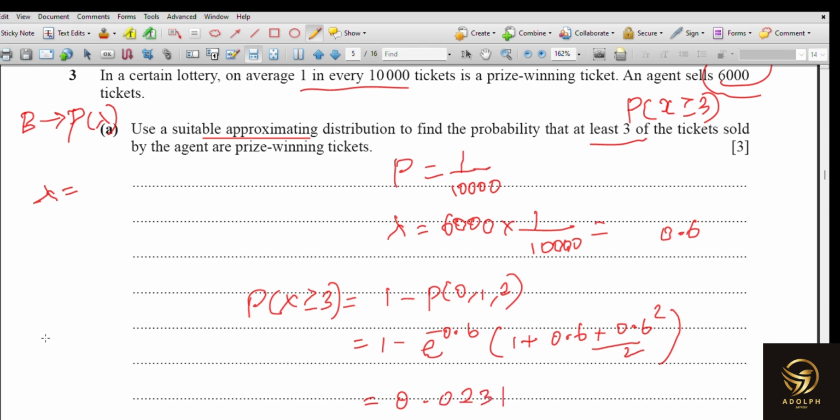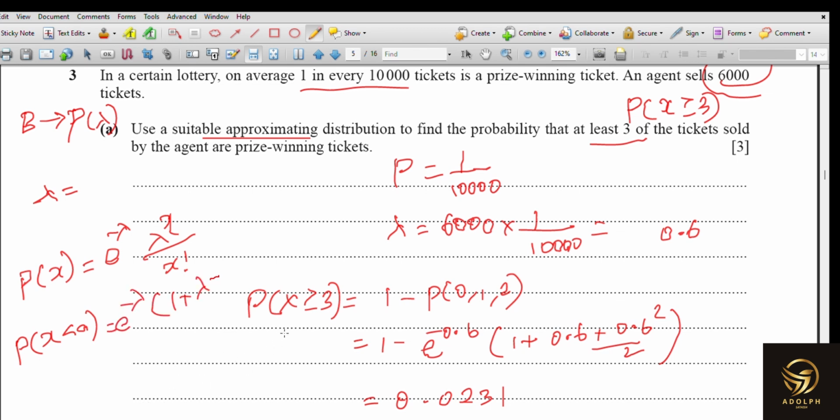The probability of x for a Poisson distribution is e power negative lambda into lambda power x by x factorial. This is for 1. For 0, or if you're finding for many values, it is going to be e power minus lambda taken out, 1 plus lambda power 2 by 2 factorial plus lambda power 3 by 3 factorial, and it continues. Since we want till 2, I'm doing this and I got the answer.